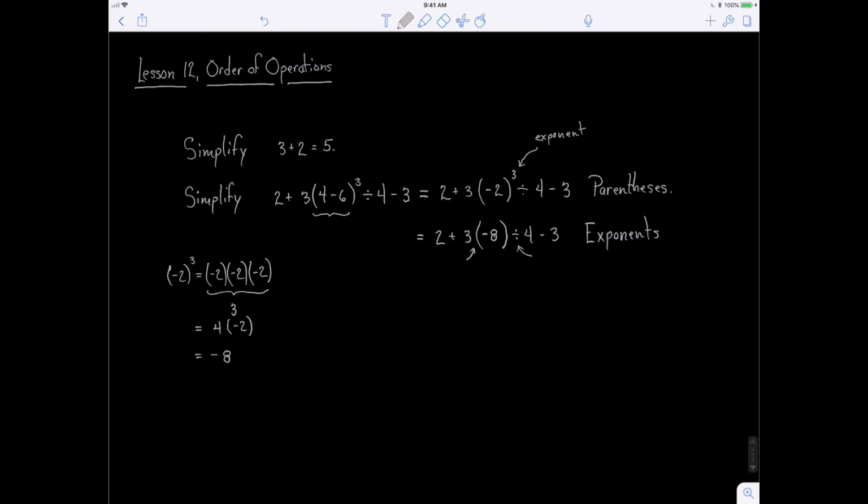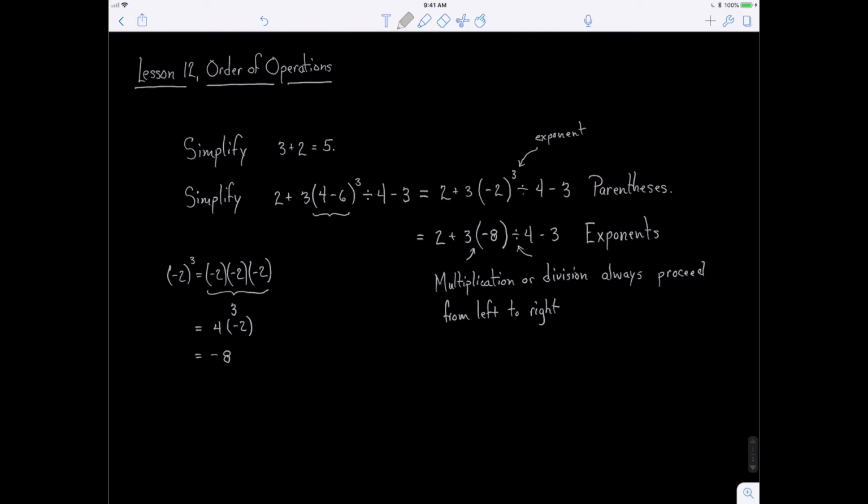And the answer is when you have multiplication or division, we always proceed from left to right. Just like you're reading a book.